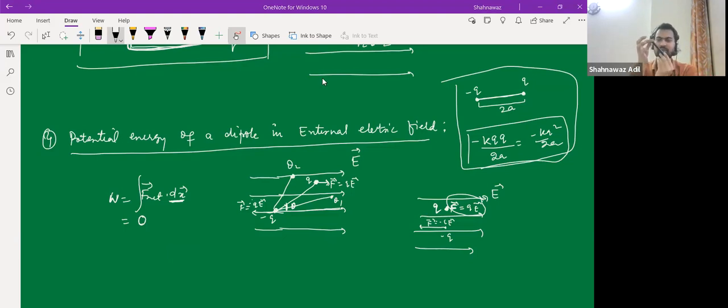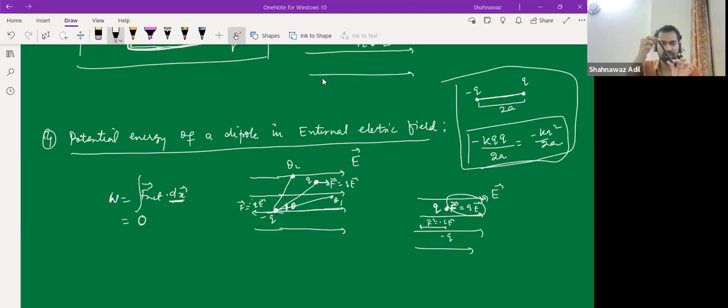This is the dipole, and the same amount of force is acting in this direction and the same amount of force is acting in this direction. So this is not moving in either direction. So displacement is zero, F net is zero, so work done by this displacement is zero.